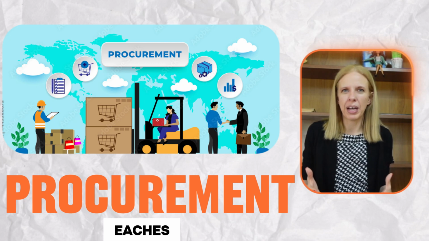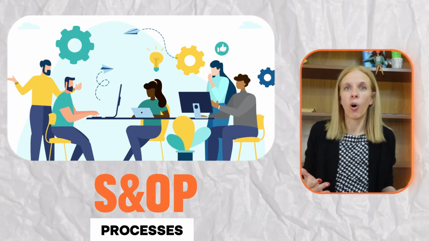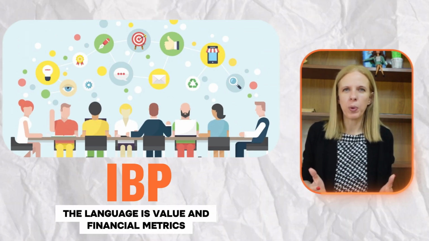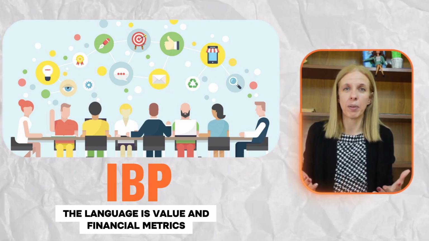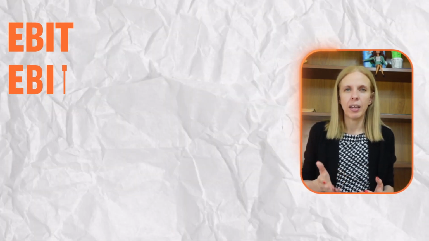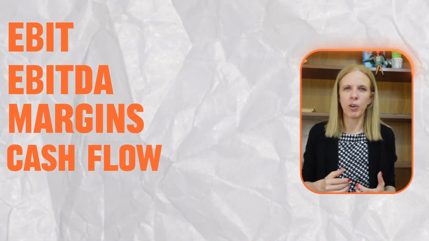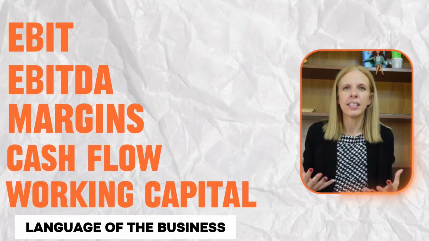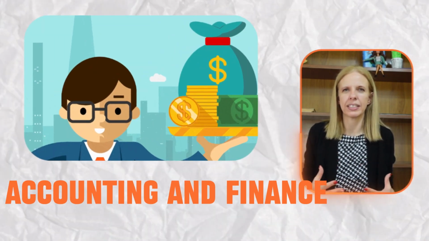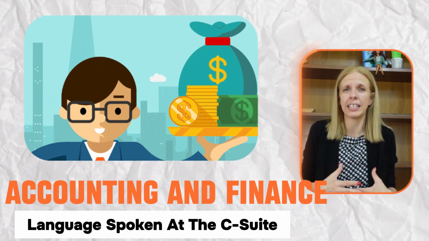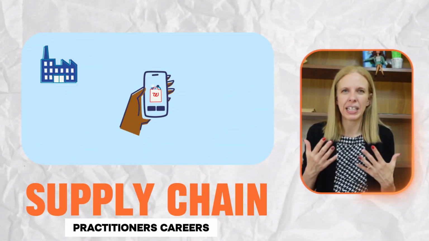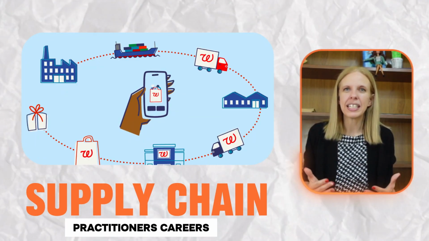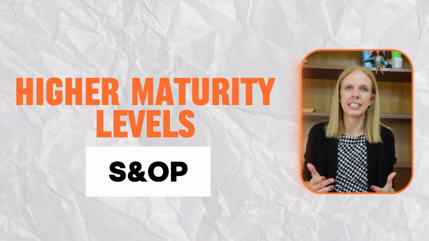In the most advanced S&OP processes or IBP, the language is value and financial metrics, including EBIT, EBITDA, margin, cash flow, and working capital. It is the language of the business. This is accounting and finance. It is the language spoken at the C-suite, and understanding this language is critical to improve supply chain practitioners' career and to reach higher maturity levels in S&OP.